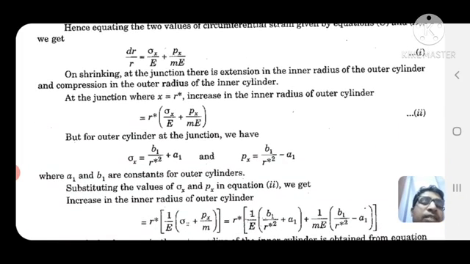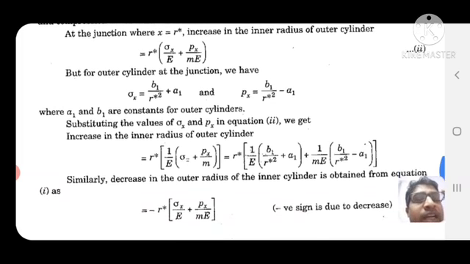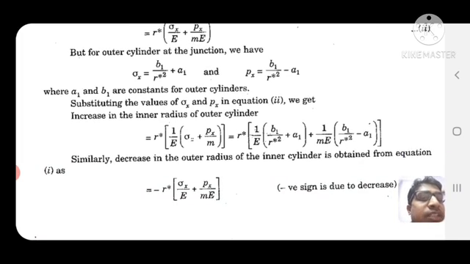At the junction where x equal to r star, the increase in the inner radius of the outer cylinder is equal to r star times sigma x by E plus px by m E. But for the outer cylinder at the junction we have sigma x equal to b1 by r star square plus a1 and px equal to b1 by r star square minus a1, where a1 and b1 are constants for the outer cylinder.